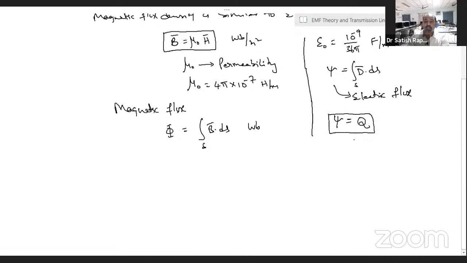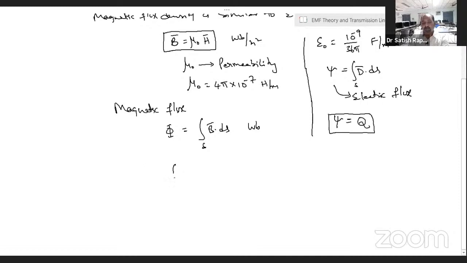But here, the magnetic flux passing through any closed path is zero. Previously in electrostatic fields, the total flux passing through any closed surface is equal to q, whereas here the total magnetic flux passing through any closed surface is equal to 0.